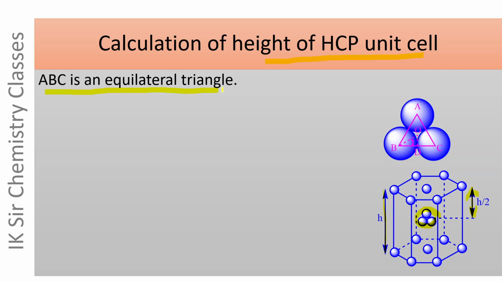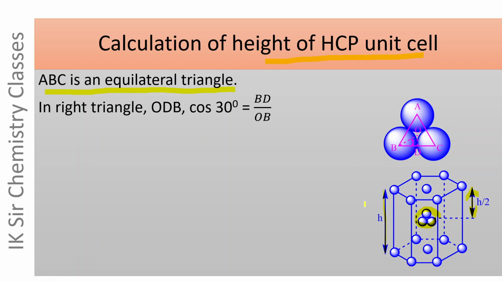ABC is an equilateral triangle. In right triangle ODB, this angle is equal to 30 degrees. Cos 30 degrees is equal to BD divided by OB, and cos 30 degrees is equal to under root 3 by 2.